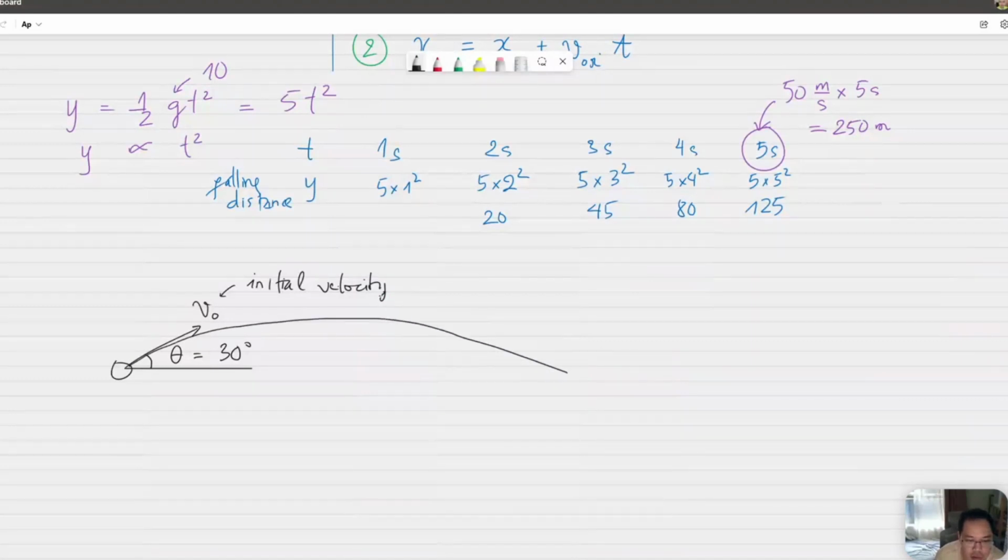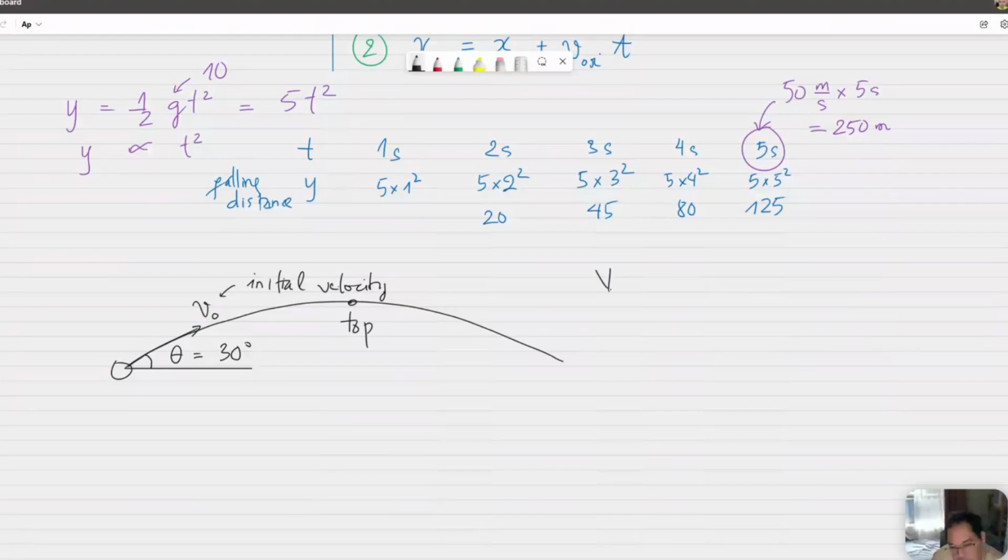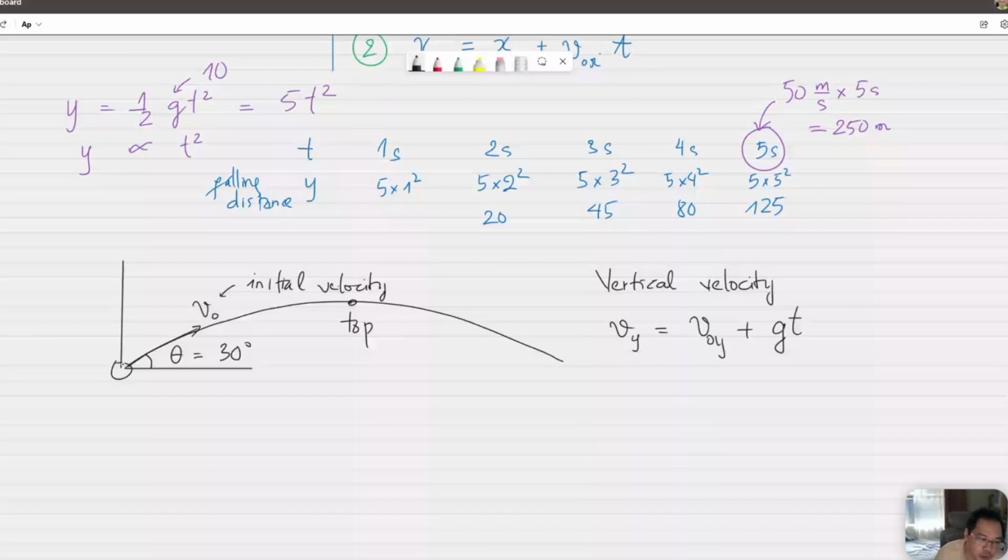Not a beautiful drawing. Anyway, the top here. In the vertical direction, the vertical velocity Vy is described by the initial velocity V0y added with the free fall expression, g of 9.8, you can take 10 to simplify the calculation, multiplied by t. We choose the vertical upwards direction to be positive, so the initial velocity is positive and g is negative, negative 9.8.